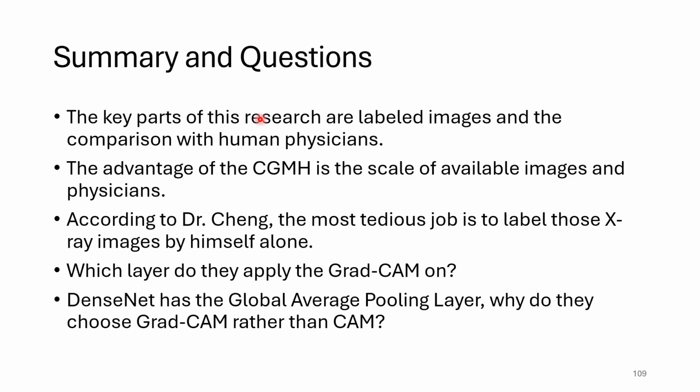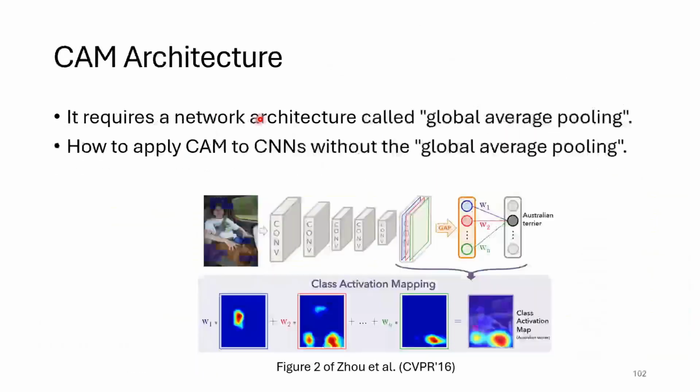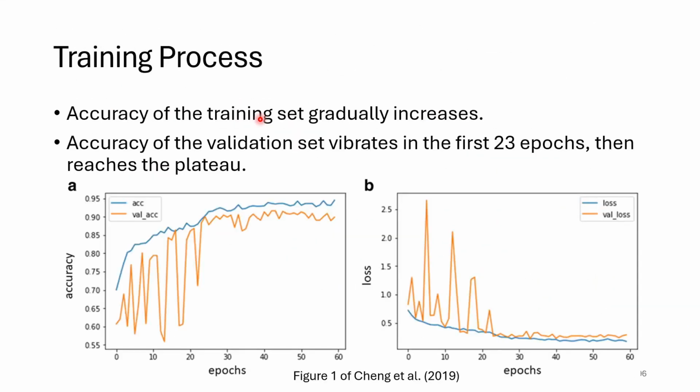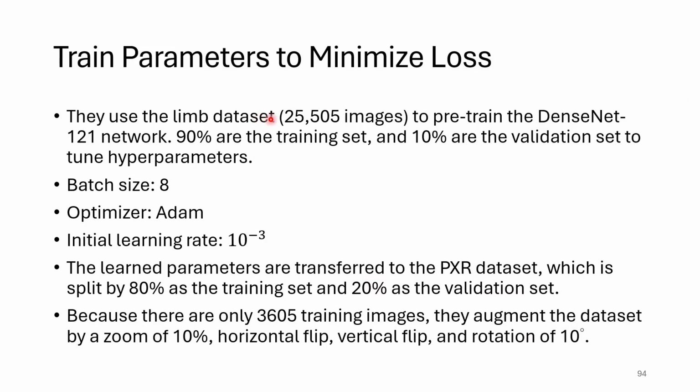As you can see, how many images do they have? For the dataset, there are 25,000 images, and some of them are not labeled. So he needs to label them. So that's the most difficult, tedious part of this research.